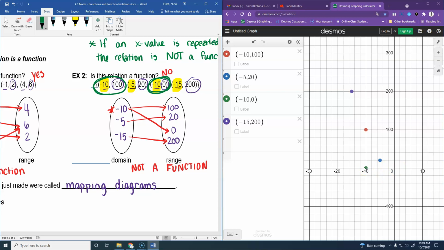So the x coordinate is -10 here. When you graph that red point, you go -10, which gets you on the same vertical line, and then you go up 100, which graphs this point. So they end up on that same vertical line. So if the x's are the same, you're going to be on the same vertical line. If the y's are the same, you'd be on the same horizontal line. But we won't get into that really today. But if the x coordinates are the same, you're going to be on the same vertical line.